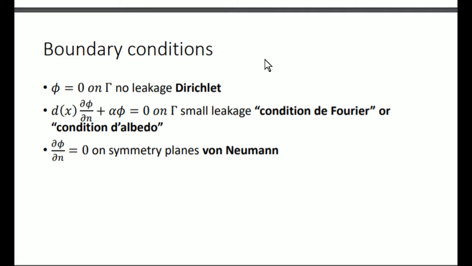The number of neutrons would increase if you have a source term, so you need some kind of small leakage represented by a coefficient alpha here. It just means that a small portion of the flow goes to the exterior of the reactor, and it's actually more representative of a real system than this one that is way too perfect. And one can show that if you put alpha to plus infinity, you will actually find back the Dirichlet condition.